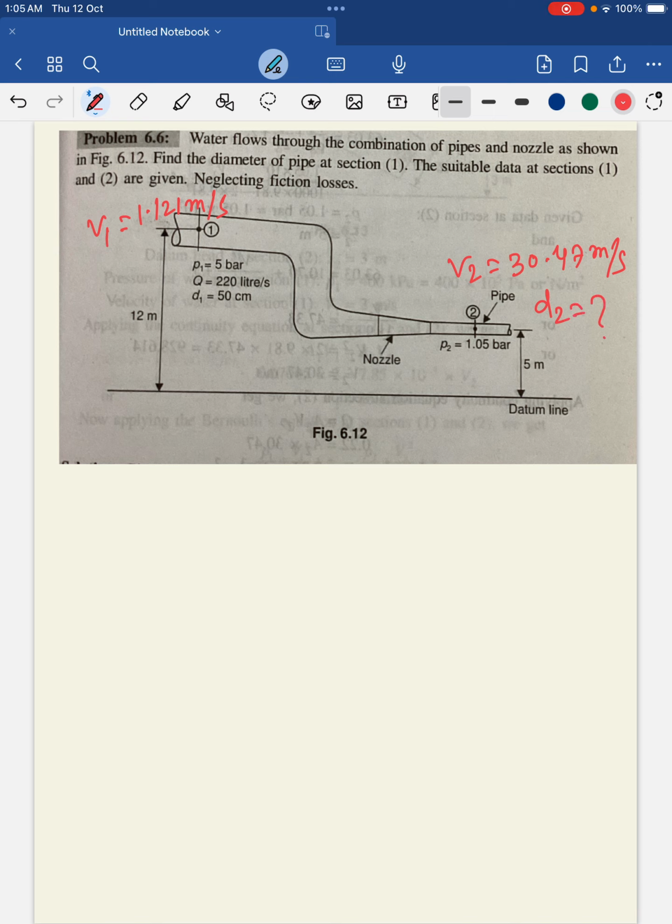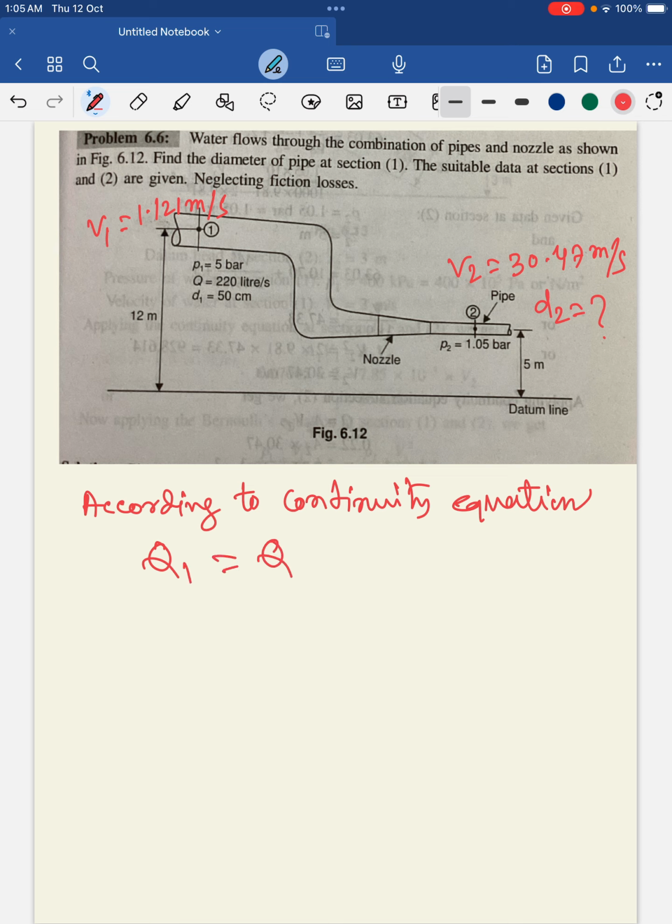Now according to the continuity equation, we know that Q1 is equal to Q2, that is Q, that is 220 divided by 1000 meter cube per second.